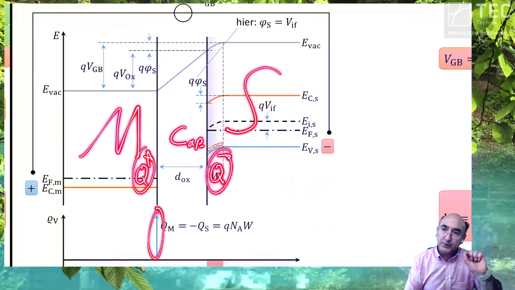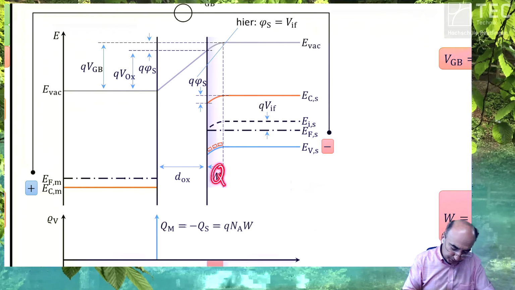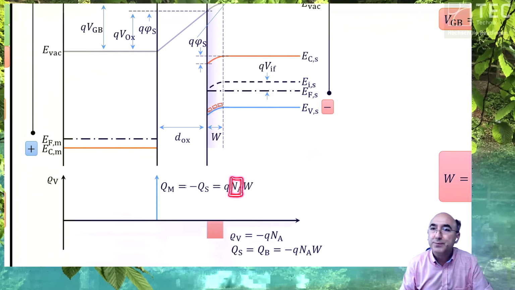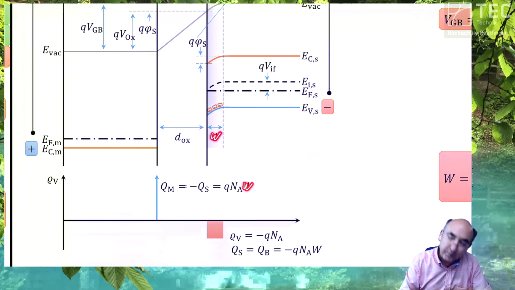The only difference to the metal capacitor is that in order to store a Q minus charge, you need your doping concentration and the width.